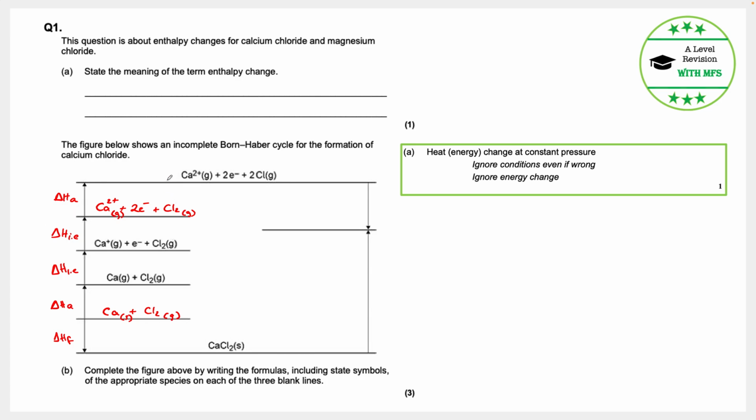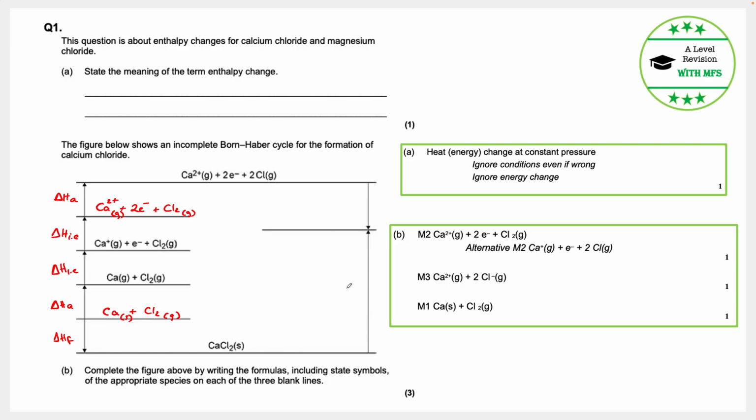Now in our final step, I'm just going to show you the answers. In our final stage over here, Ca2+, 2 electrons plus 2Cl gas. What's going to happen is that chlorine is now going to accept these 2 electrons and it's going to have a negative charge. Okay, and that's what we call the enthalpy change of electron affinity.